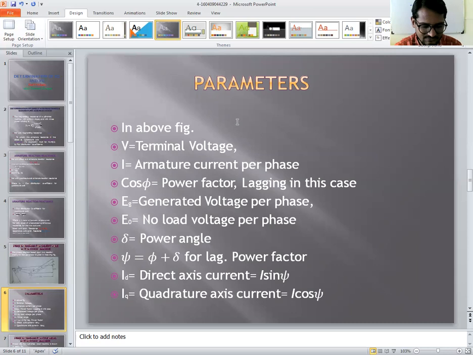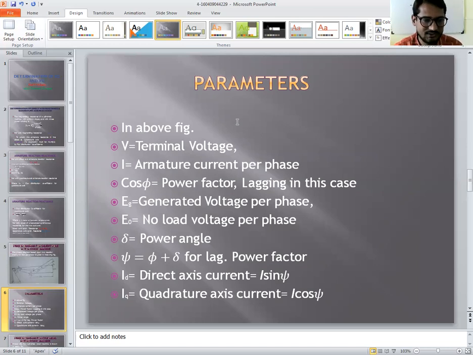Hence, XD is maximum, and therefore Z is maximum and opposes the current flowing. For the value of XD, XD equals maximum EMF in the stator winding upon minimum armature current per phase. That means XD equals E max upon I minimum.